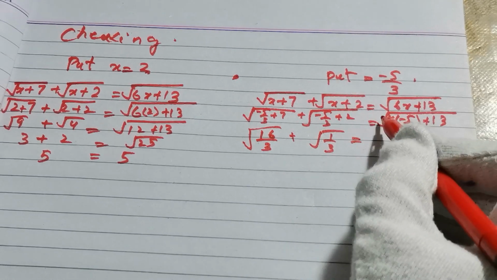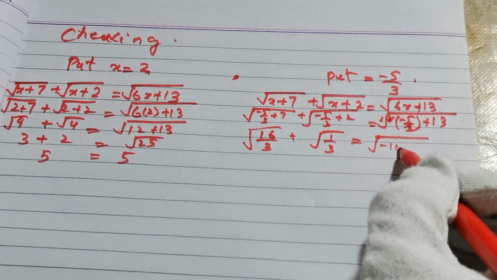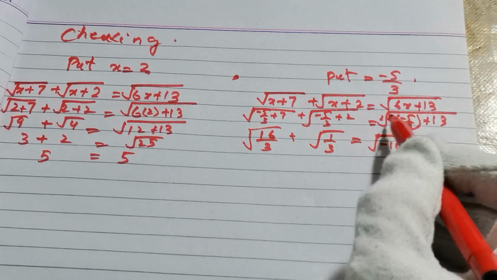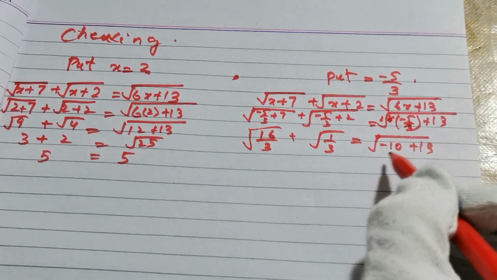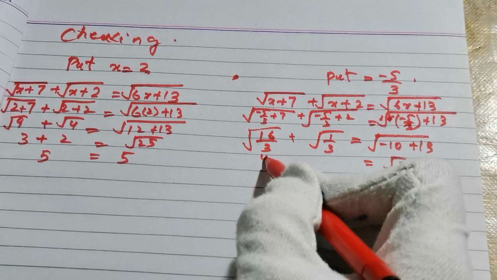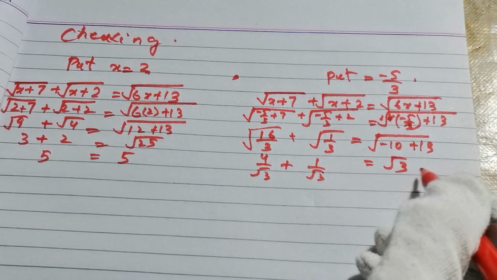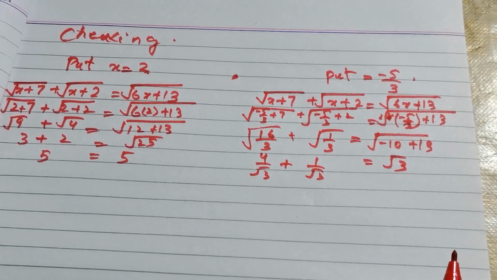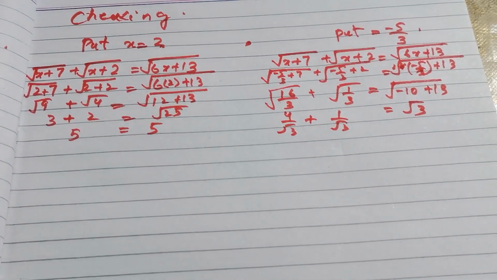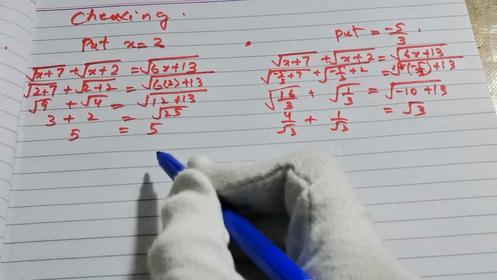And 6 into minus 5 by 3 is 2 into minus 5, minus 10, plus 13, under root 3. So 4 by under root 3 plus 1 by under root 3, 5 by under root 3. So both these are not equal.